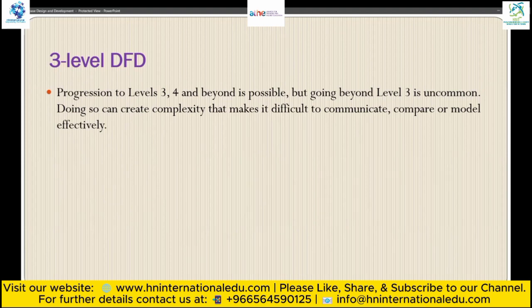When we are on level 3, we will check each and every function, each and every process by ourselves. But if we talk about level 4 or next levels, then we are talking about communication and it will make it complicated. Why?